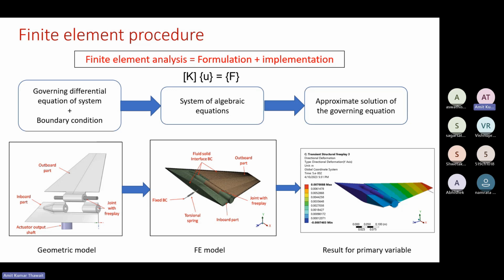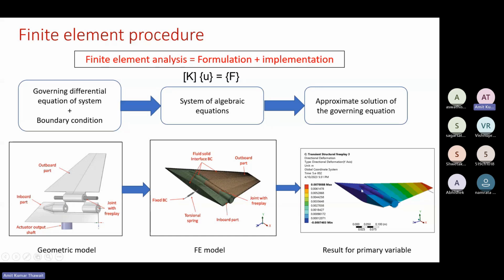This fin structure is given to us, geometric modeling, and we have the fin's governing differential equations and boundary conditions. Now we want to analyze this structure, and we want to get the deformation, stresses, strains, and other quantities. So these are on the right side.